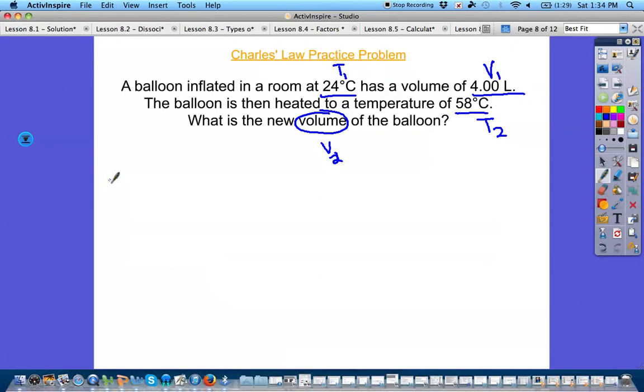Now, these temperatures are in degrees Celsius, so we need to convert those to Kelvin. So you're going to add 273 to your degrees Celsius.